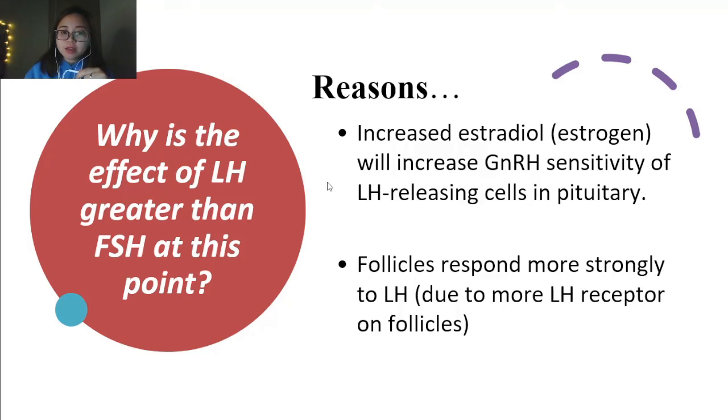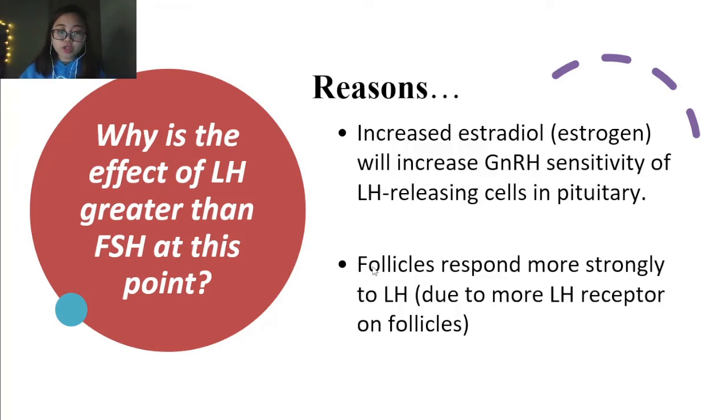Maksud ayat pertama ini, dengan meningkatnya kandungan estrogen, dia akan menyebabkan sel di pituitary gland yang menghasilkan luteinizing hormone semakin sensitif kepada GnRH. Sudahlah estrogen itu memperbanyakkan GnRH, estrogen itu juga menyebabkan sel yang mengeluarkan LH semakin peka kepada GnRH.